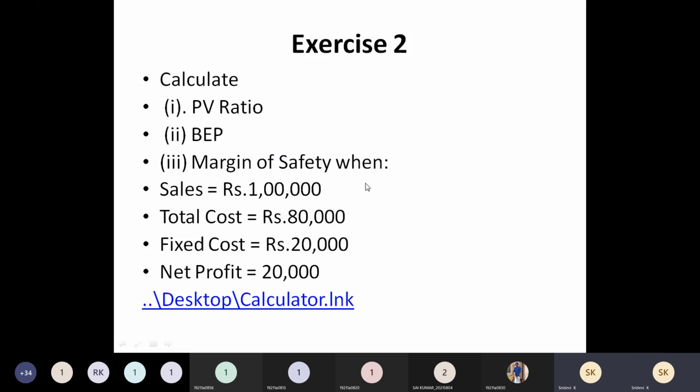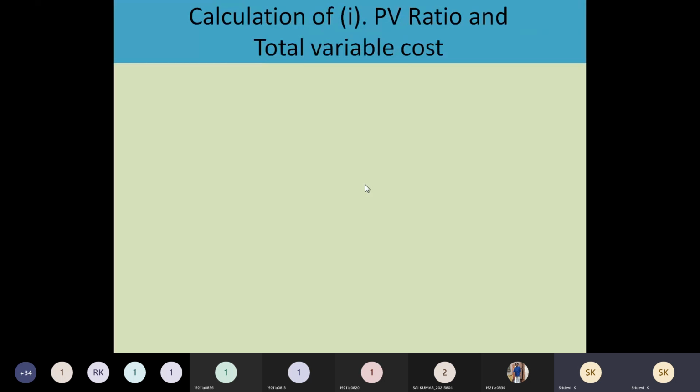And let us go for the calculation part. Keep headings. Always, headings are most important here. In doing the step by step, you have to give the headings. So, calculation of PV ratio, and we are not having the information related to the variable cost.